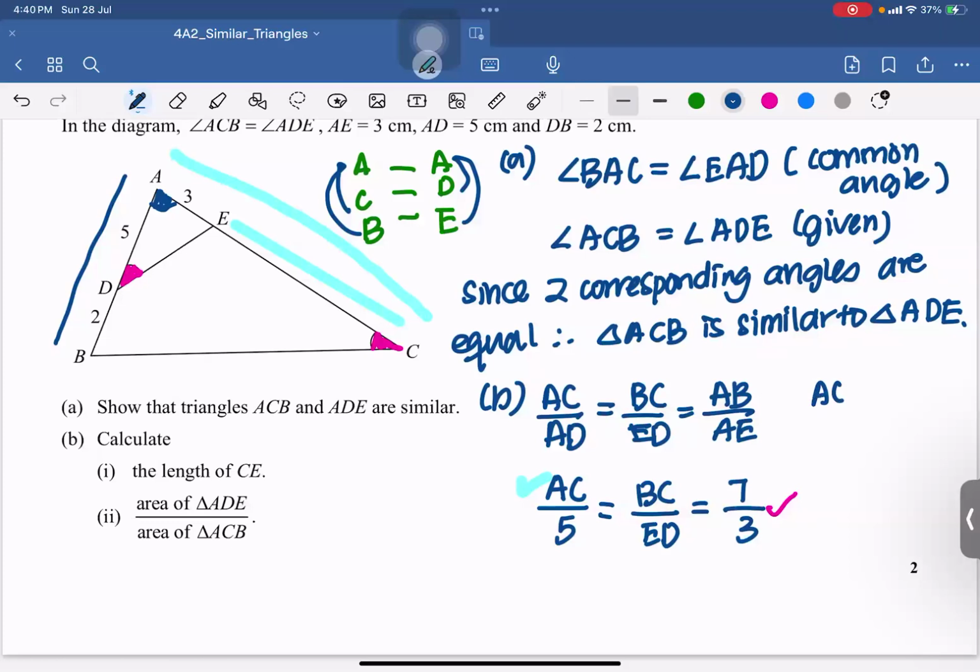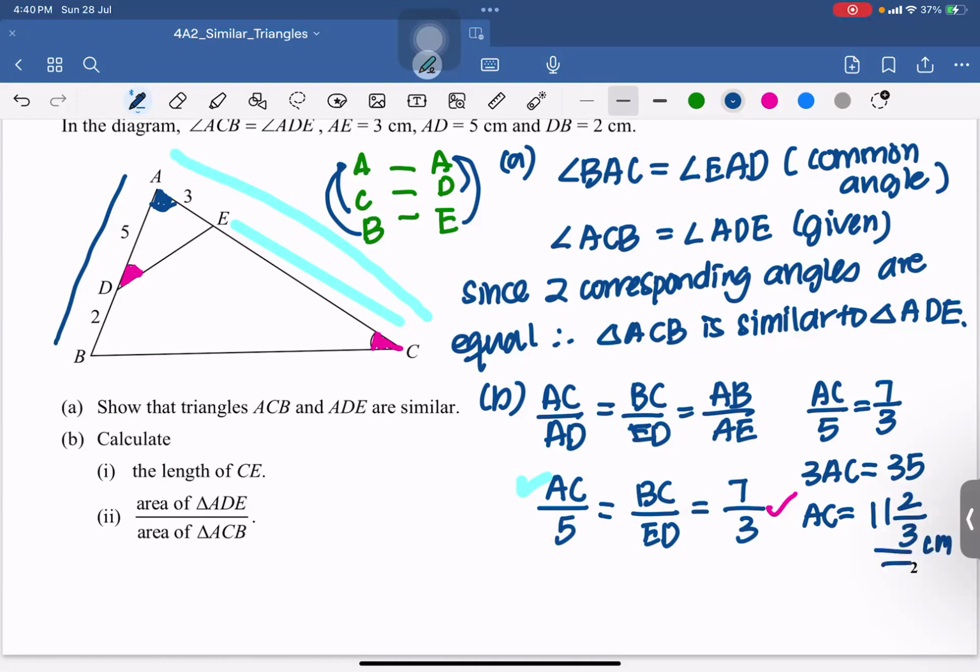So AC over 5 equals 7 over 3, cross multiply. 3 times AC equals 35. AC will not be a nice number. I should leave it as a fraction. 35 divided by 3, 11 and 2 over 3 cm. Okay, this is the exact answer.